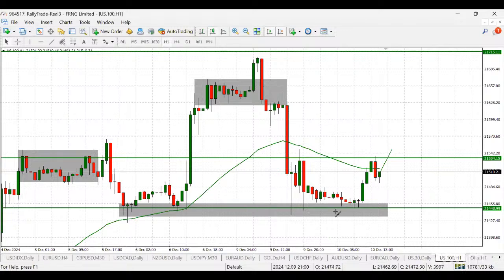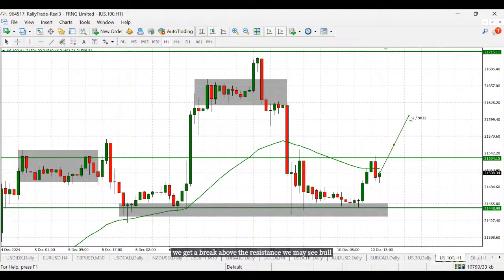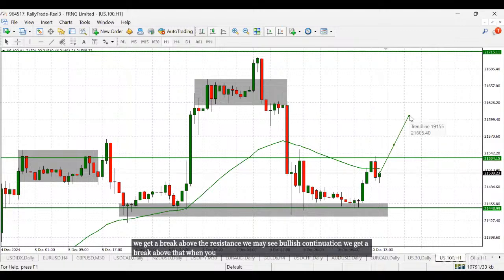From this support area, price may just continue to push higher. If we get a break above the resistance, we may see bullish continuation from that level.